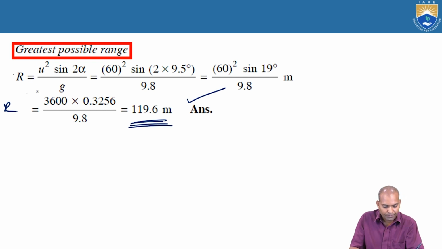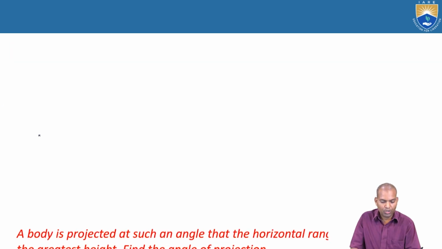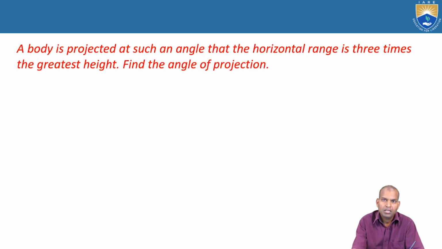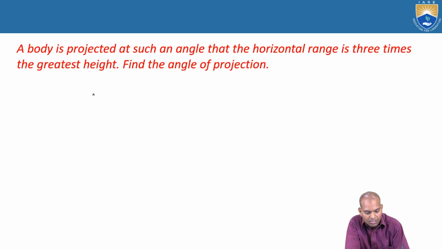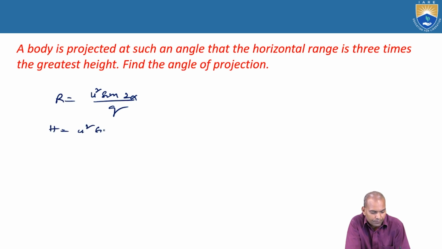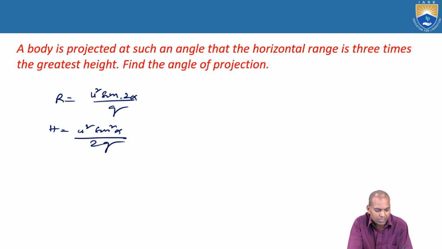Okay, and what is the next one? The next problem is that a body is projected at such an angle that the horizontal range is 3 times the greatest height. The range is u square sine 2 alpha by g, and the height h equal to u square sine square alpha by 2g.